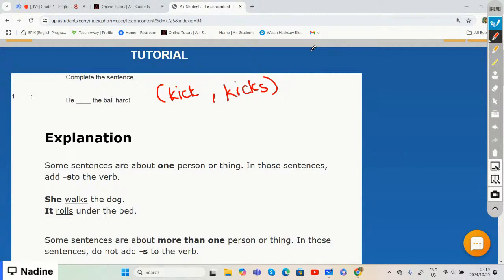Yes, if we complete the sentence by showing that one person is doing an action, then we say he kicks the ball.